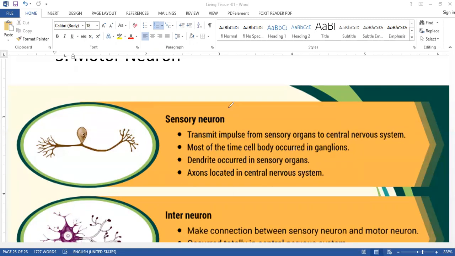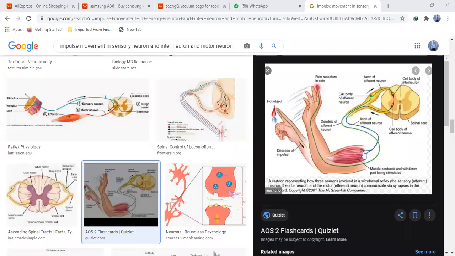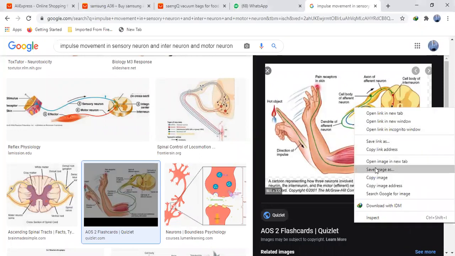So come to the point now. Look at the picture of this one. The picture, you can easily identify the idea.